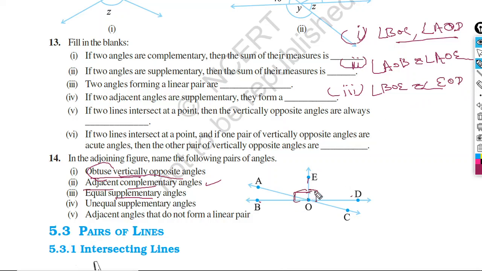They are equal and they are supplementary. Their sum is 180 degree.